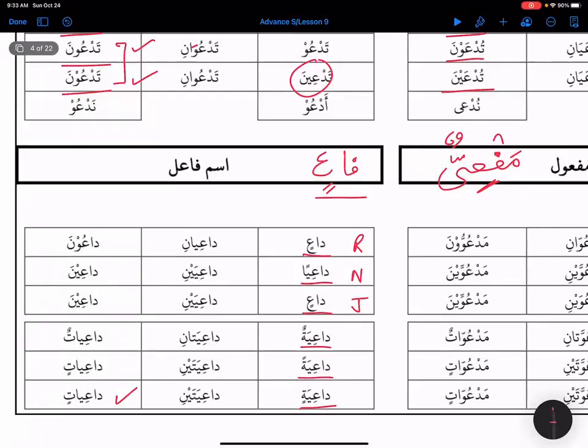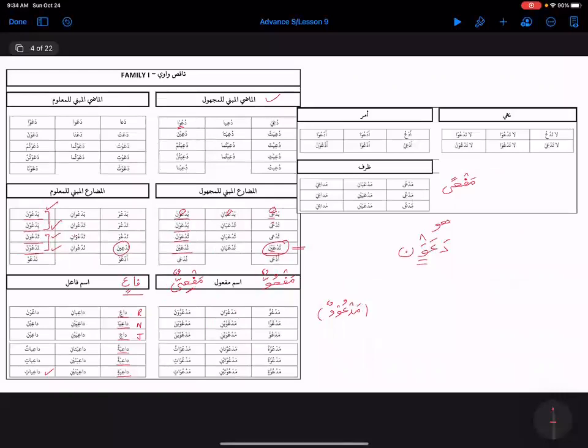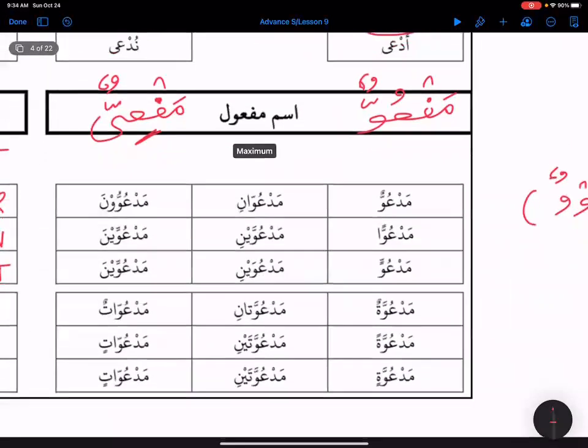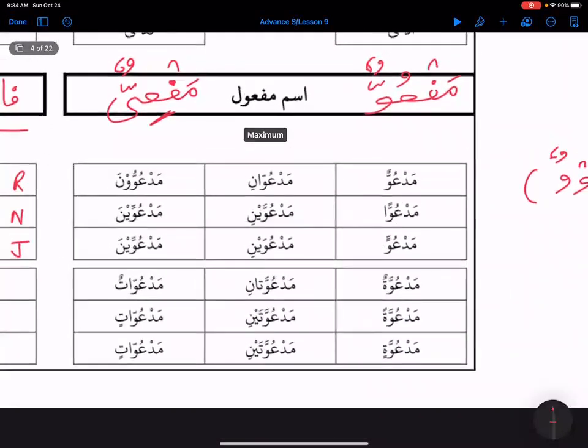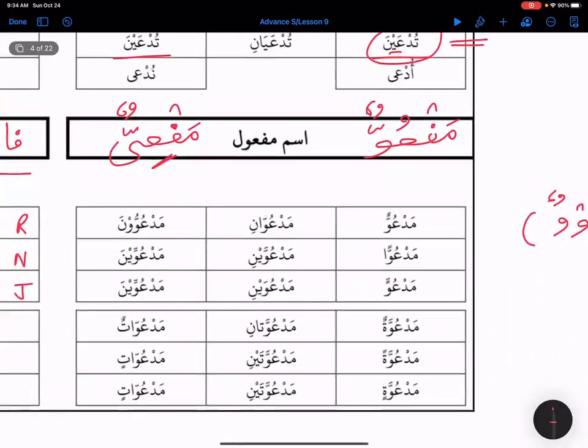The ladies who call, right? So, ladies who call. Okay, then we have ism maf'ul, which should be on the pattern of maf'uun or maf'iyun.